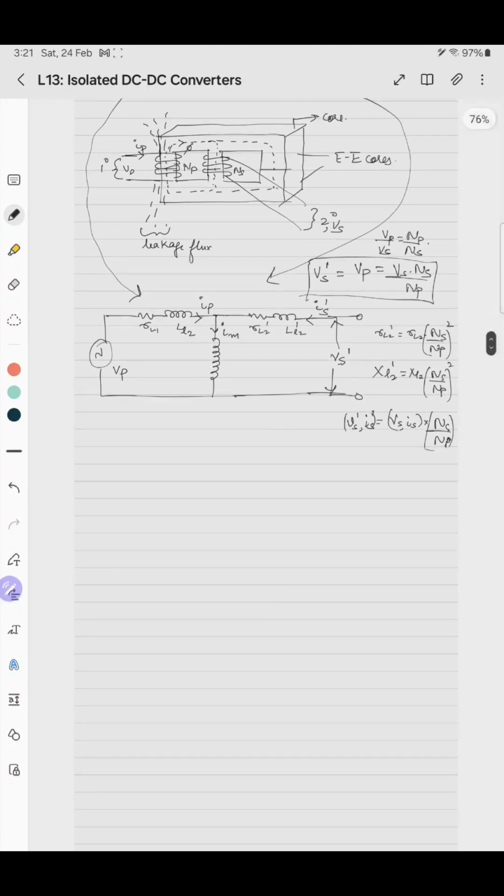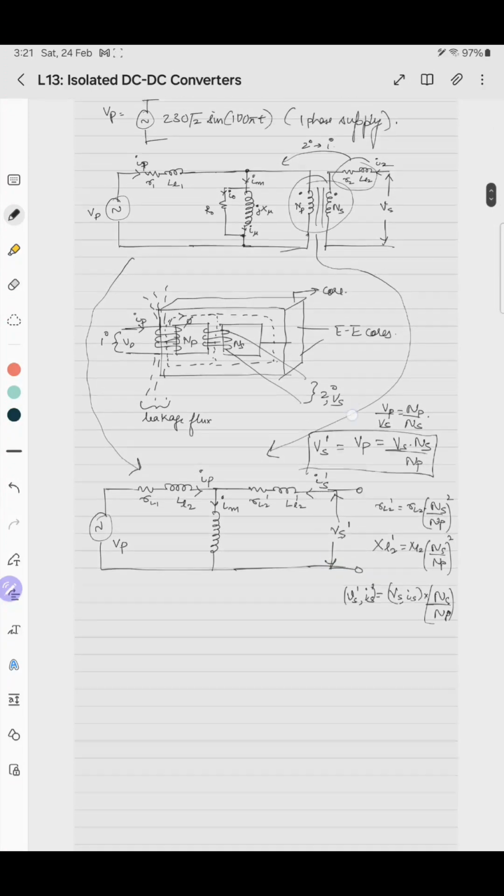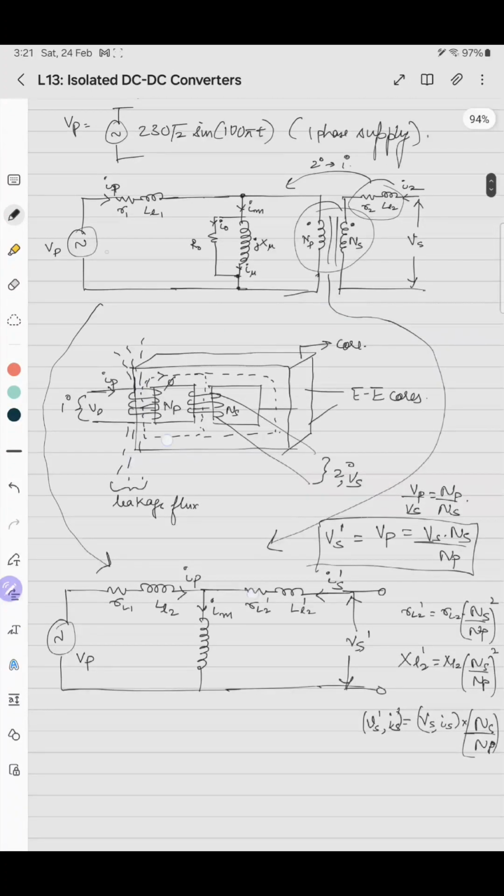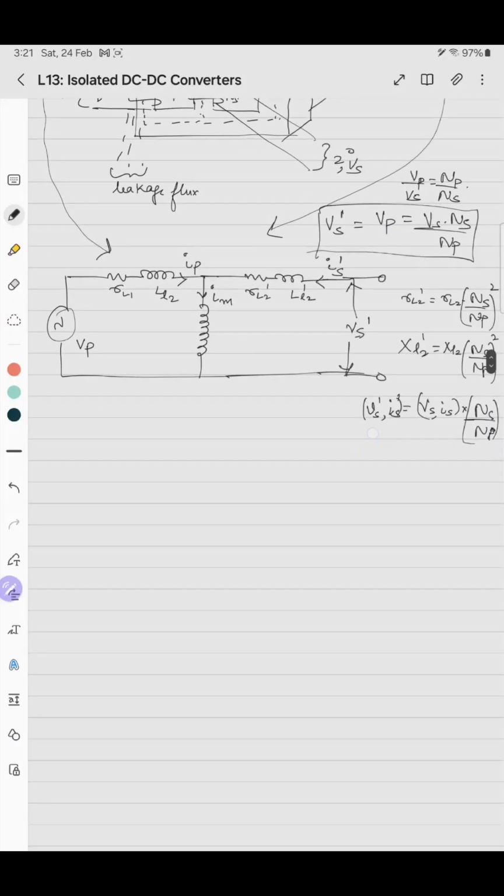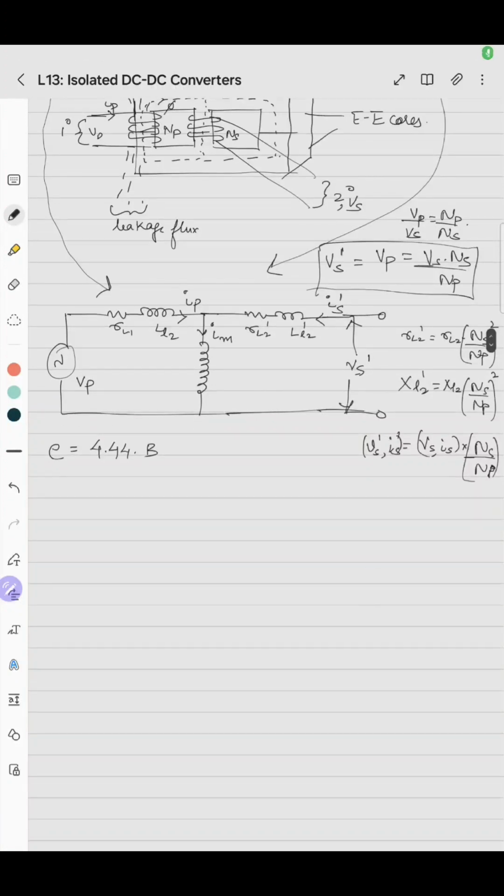These are the transformed quantities. Say this is a single phase supply, with omega equal to 100 pi radians per second. We know that the voltage induced in a transformer is E equals 4.44 into B into A into f into number of turns, where B is the flux density, that is flux per area.